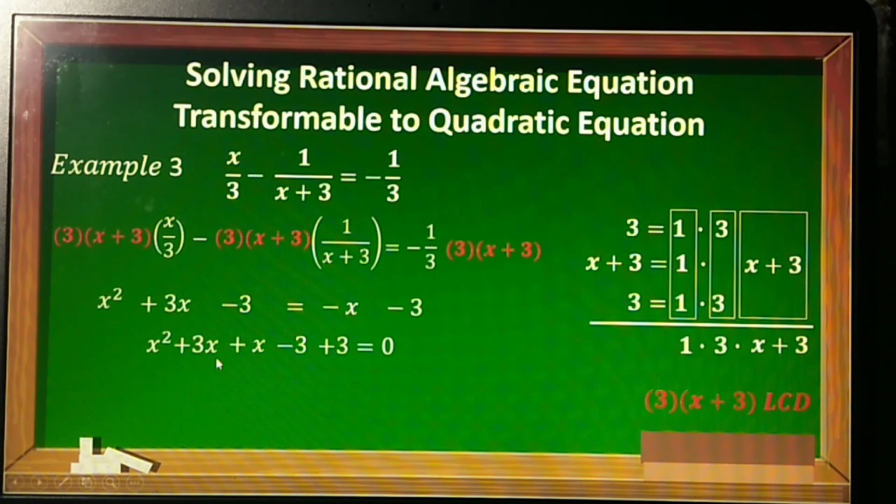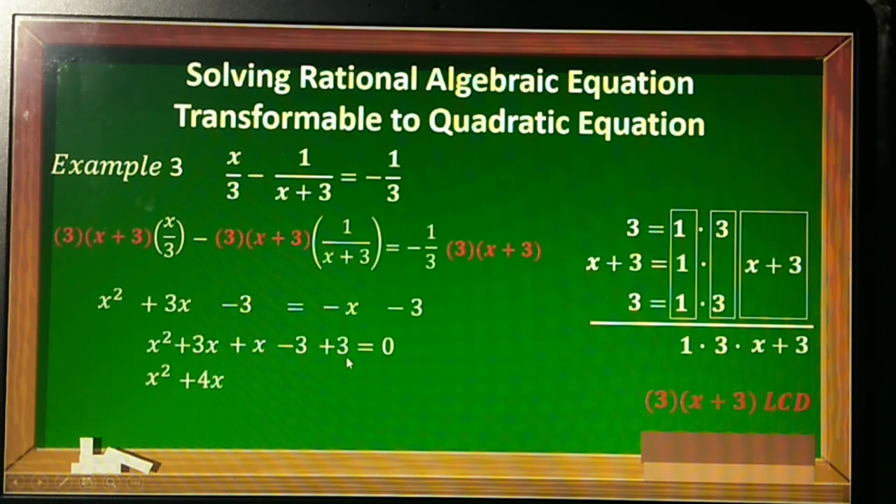This time, i-combine lang natin yung mga similar term like 3x plus x at saka yung negative 3 plus 3. Sila yung mga pagsasamahin natin. So, una, bring down natin si x squared. Combine natin si 3x plus x. So, 3 plus 1 is equal to 4x. Then, negative 3 plus 3.